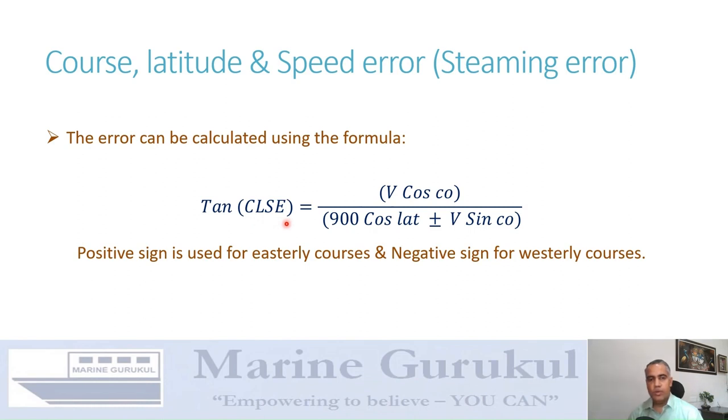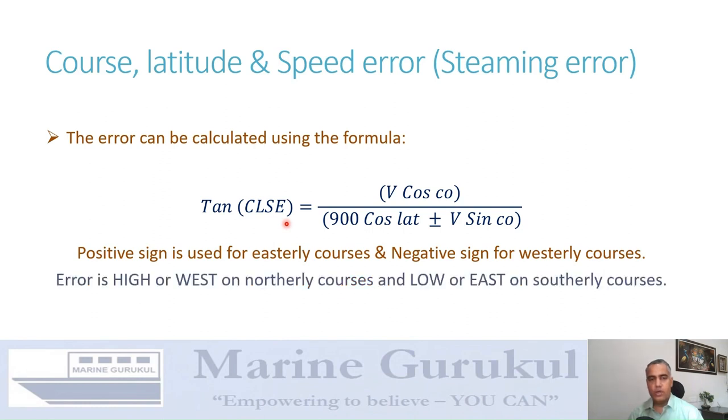Now, how do we determine whether this error is east or west, whether this error is low or high? For that, error is high or west on northerly courses and the error is low or east on southerly courses.